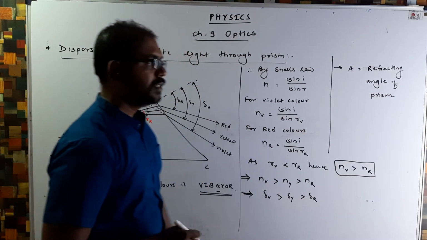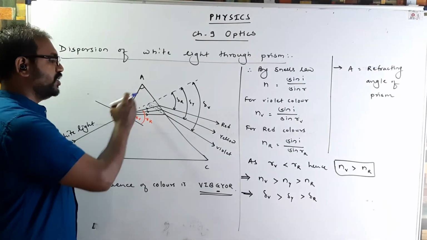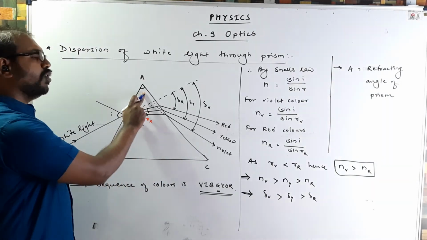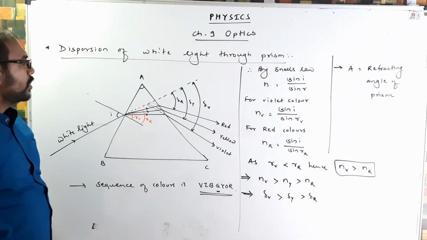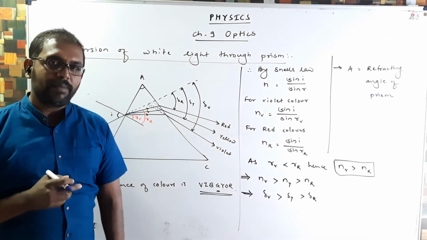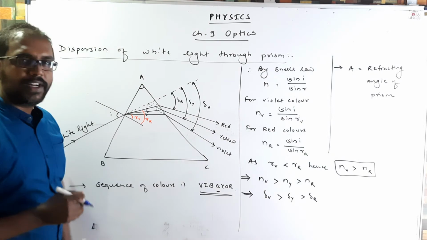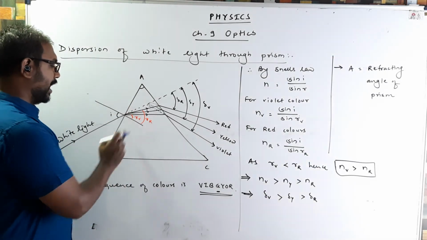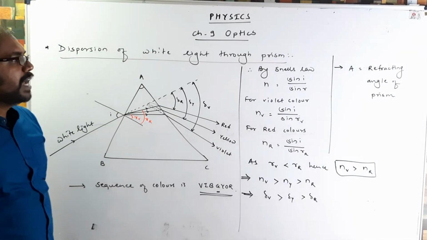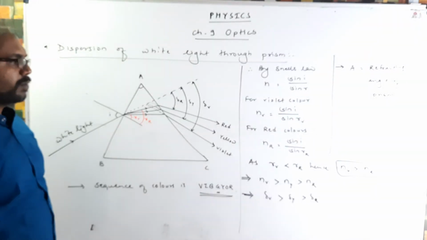Refracting angle means the angle between two surfaces where refraction occurs, and it is also called the angle of prism. Generally this angle is very important, and we have to use it while solving problems also. One more thing, you know that if it is an equilateral prism, then every angle is 60 degrees. So for an equilateral prism, the refracting angle, or angle of prism, is 60 degrees.